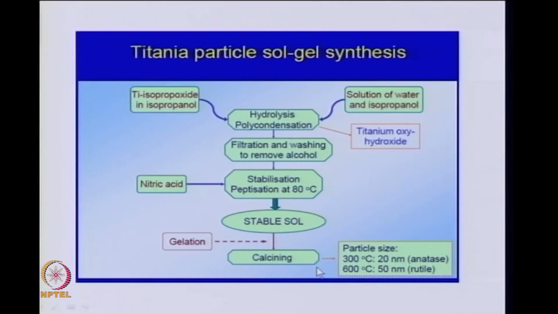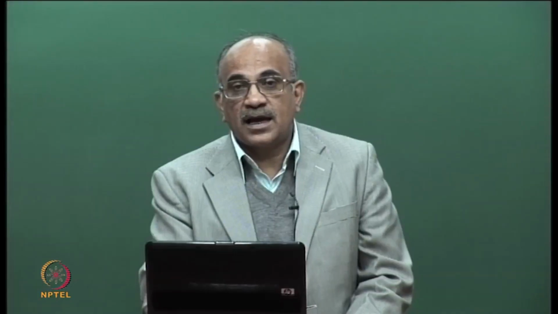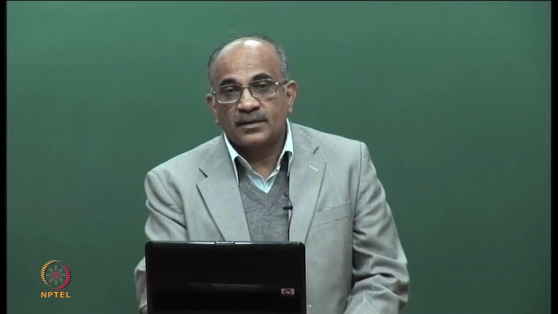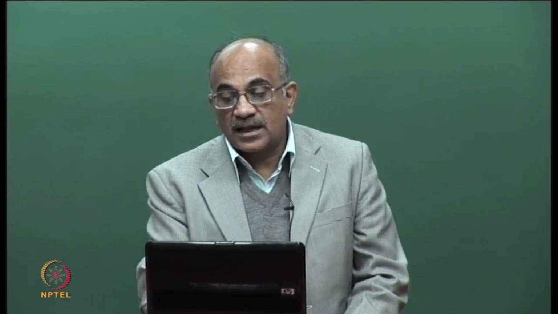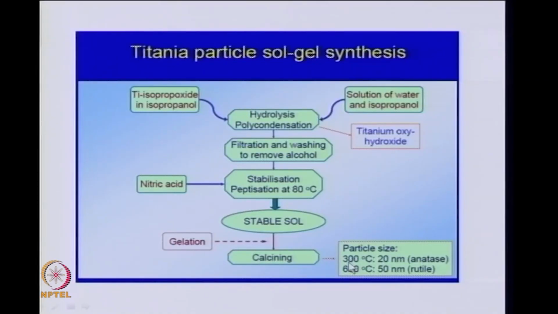TiO2 has 3 different forms. One is anatase, another is rutile, and the third one is brookite. So, in this methodology, if you heat or calcine at 300 degrees centigrade, you get anatase form of TiO2, but if you heat at 600 degrees, not only the particle size increases, it goes to 50 nanometers, you also change the structure of TiO2, you now get the rutile form of TiO2.